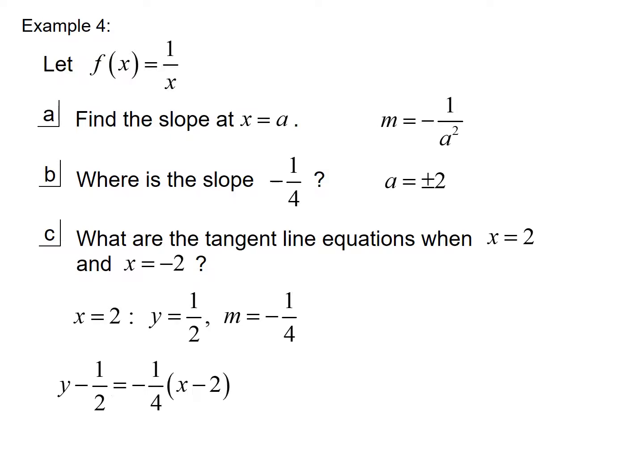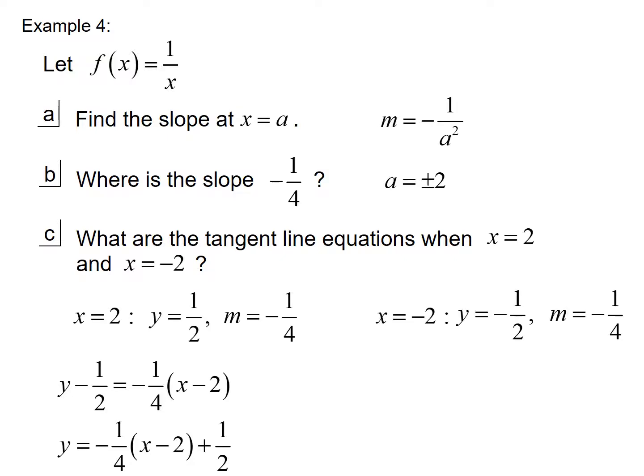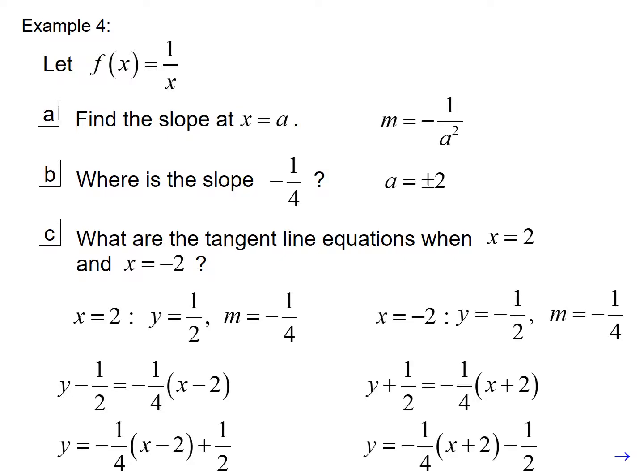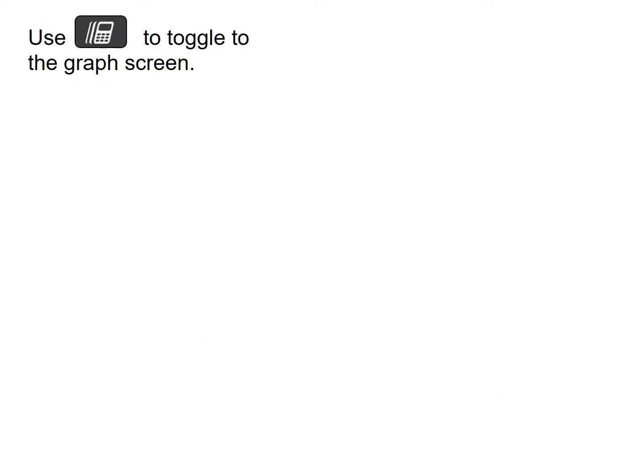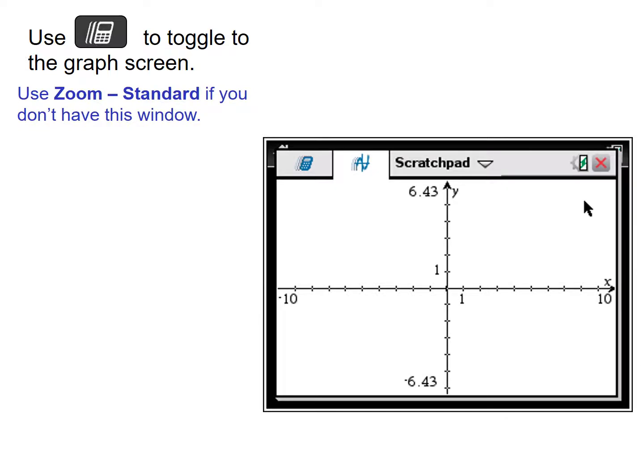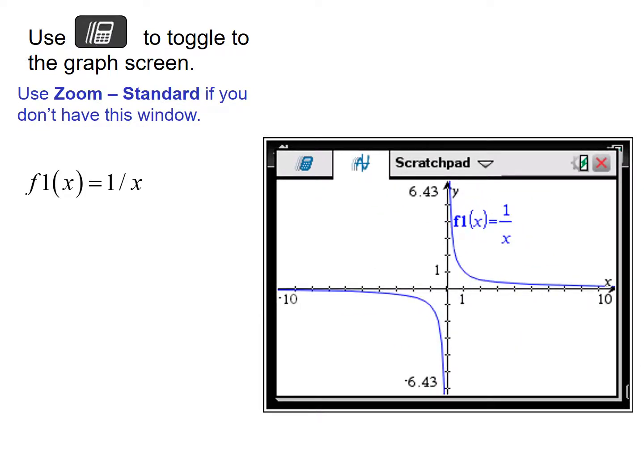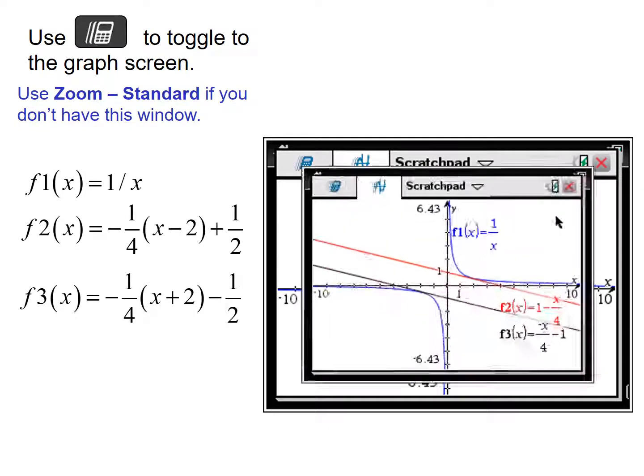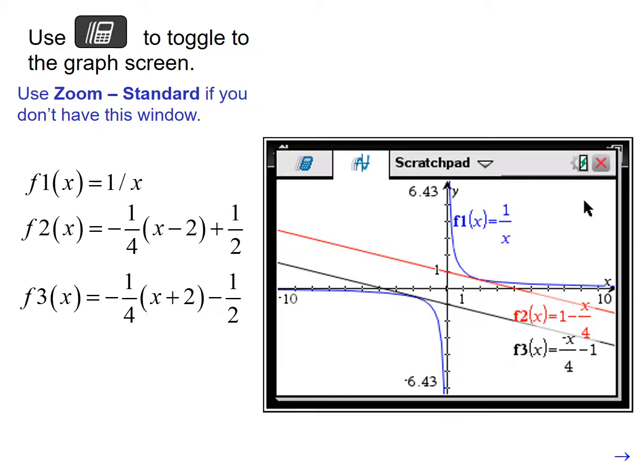We get 1/2. And we can find the equation of our line. Same steps with negative 2. y is negative 1/2, slope is negative 1/4, and we have the equation of the tangent line. And if we want to go ahead and graph this, here's 1 over x. Here are the two tangent lines, and you can see those both occur at 2 and negative 2. And you can see how those relate to the curve.